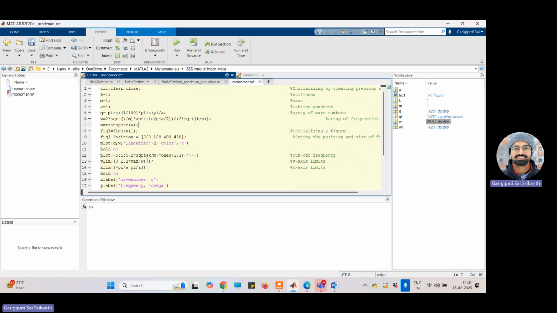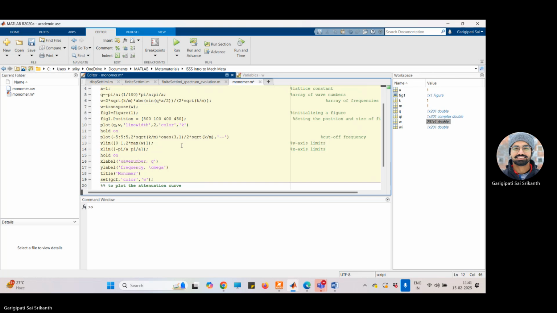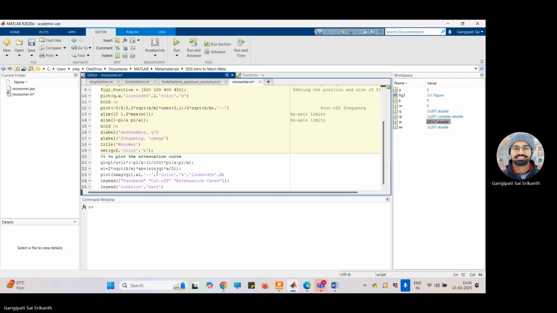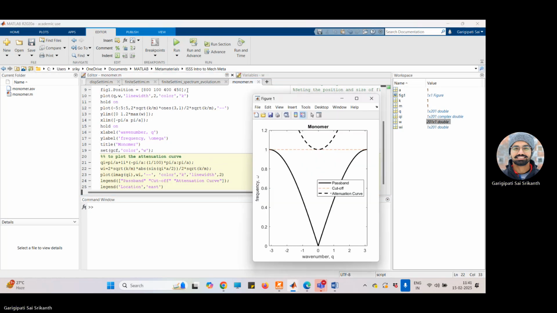We have to normalize, and then we have to normalize the third thing. Yeah, see now the cutoff is at 1.